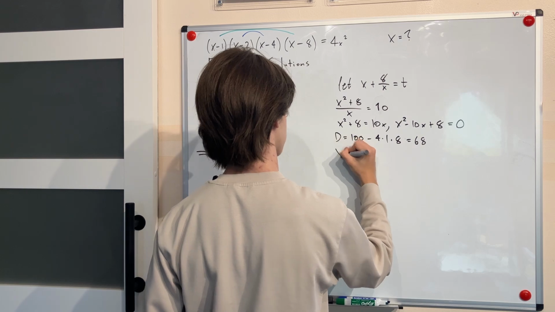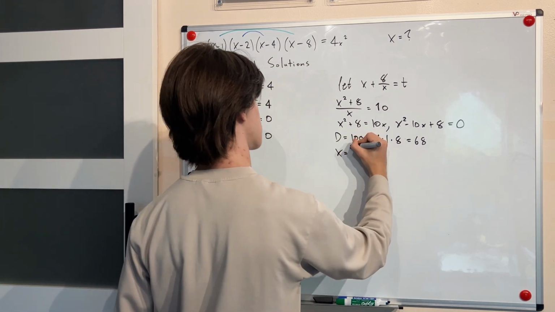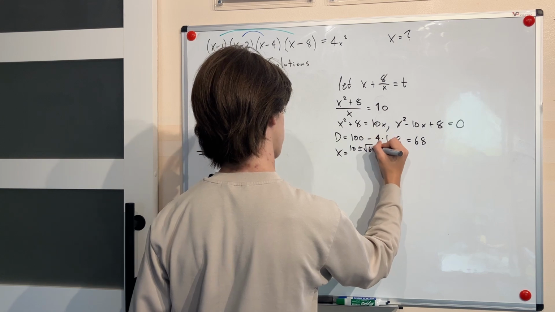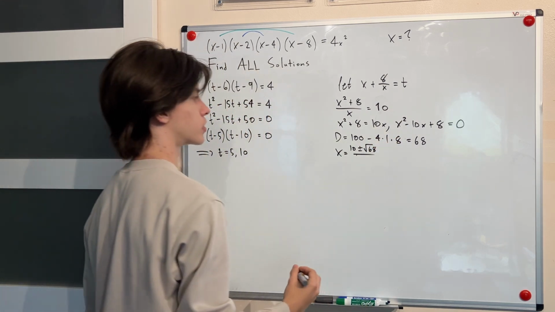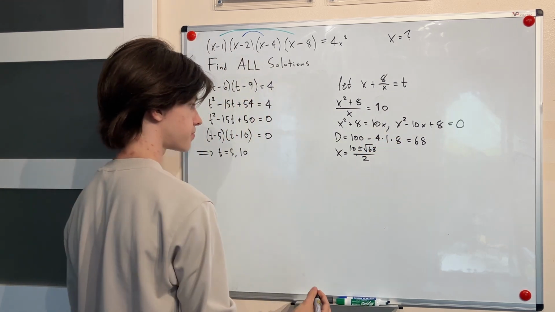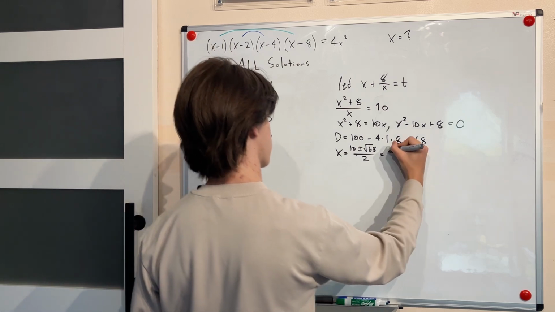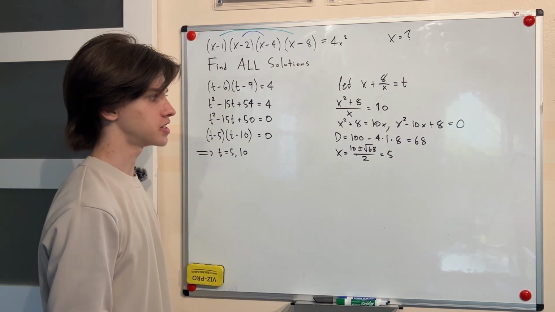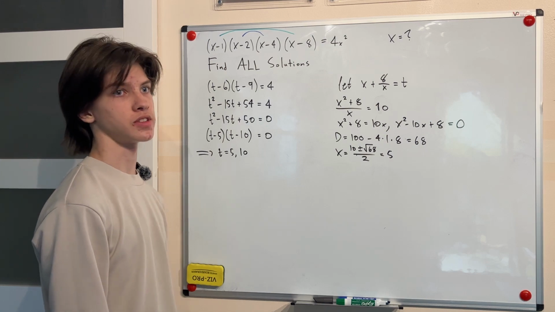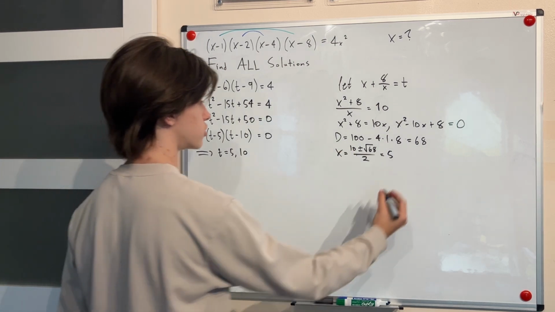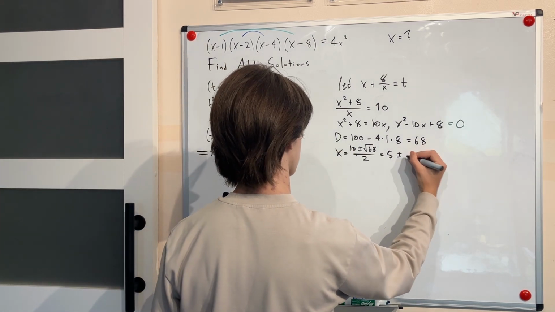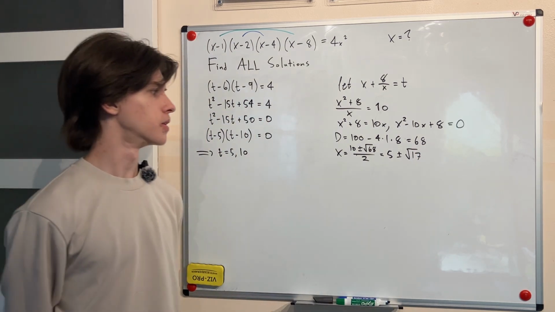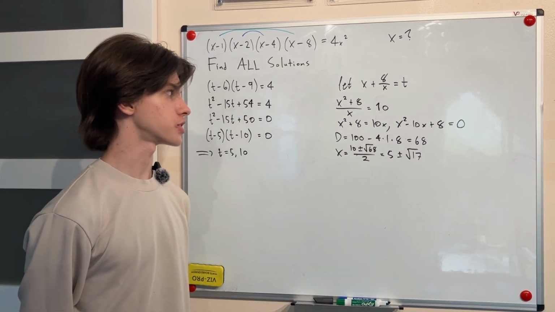And therefore our x's will be minus b plus or minus root of 68 over 2a. So that's just 5. And root of 68, that's just root of 17 times 4, or 2 roots of 17. So divided by 2, we get plus and minus root of 17. And that's going to be our only real solutions, actually, for this.